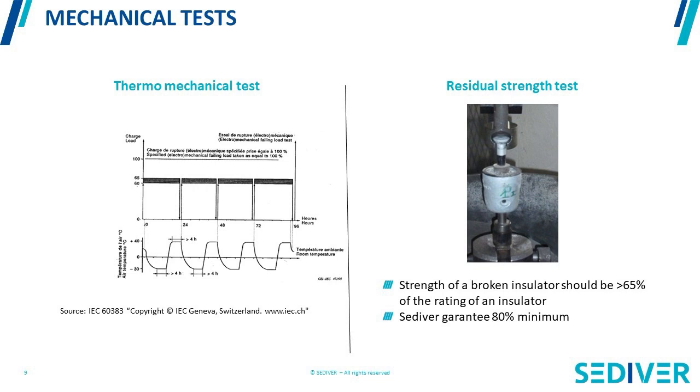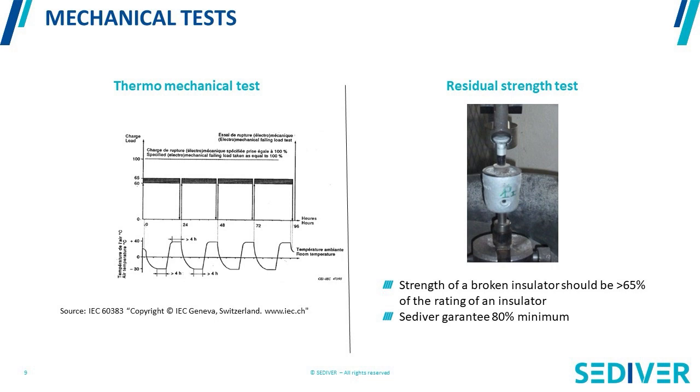You have two other terms which exist when people are talking about performance of insulators and tests in the laboratories. One is what we call a thermomechanical test. This is a test where you combine a mechanical load with variations of temperature.